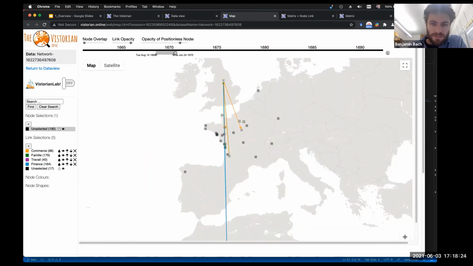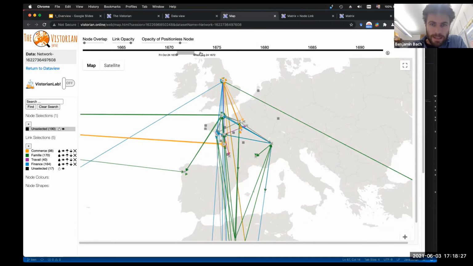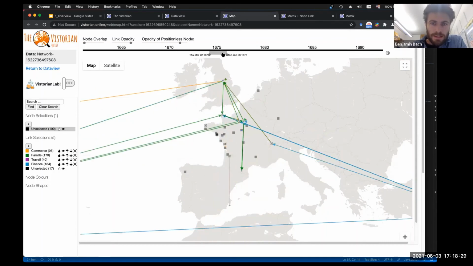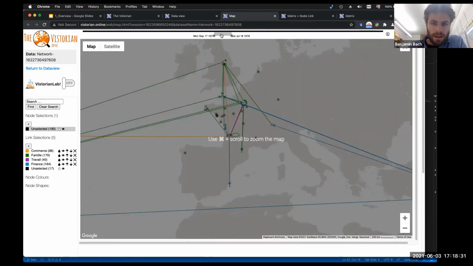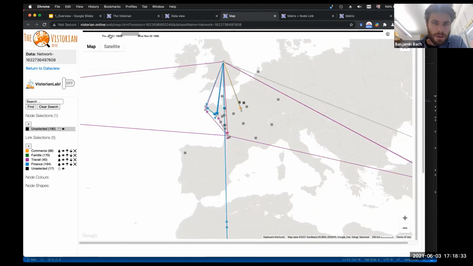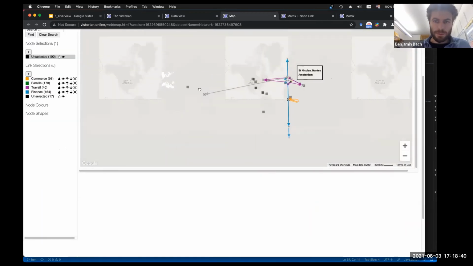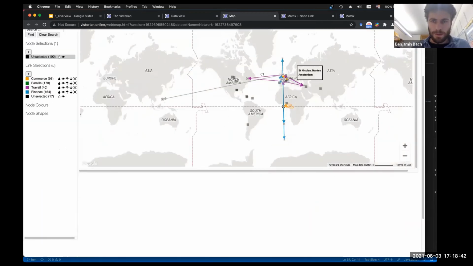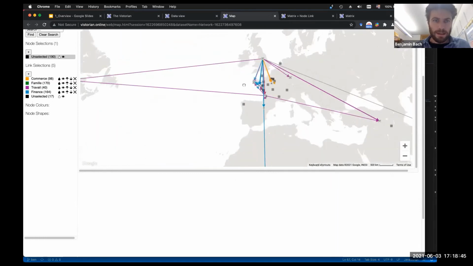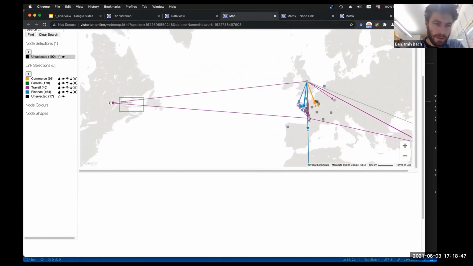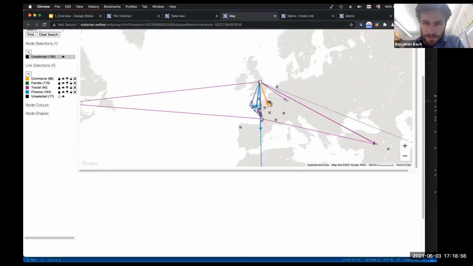And I'm afraid there are not good techniques to deal with the density, but you can already see how France is the center of this network, and how then this network expands into, oh, this is Google Maps, a bit lucky, into the new world. And here we have Auderne. I think Auderne is actually also in France, but the geo system was not really good in guessing this one. What is this city?